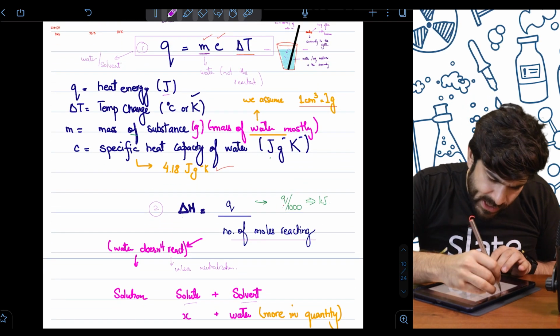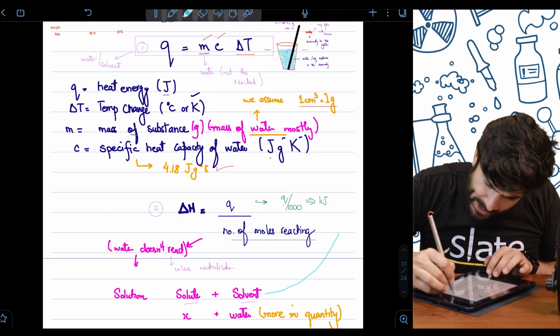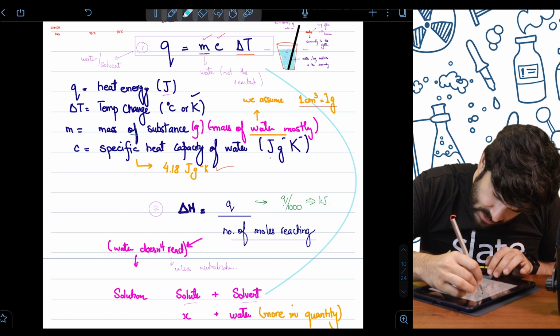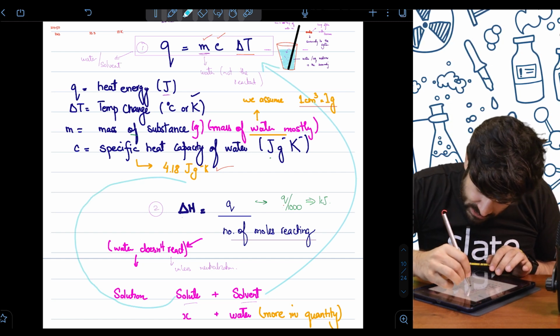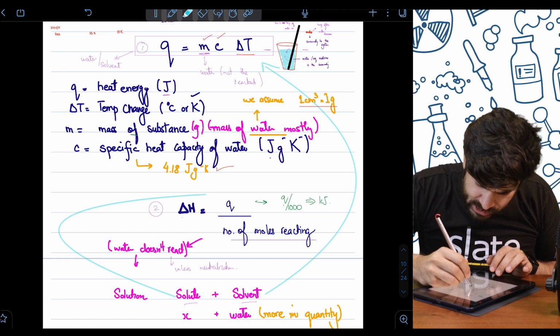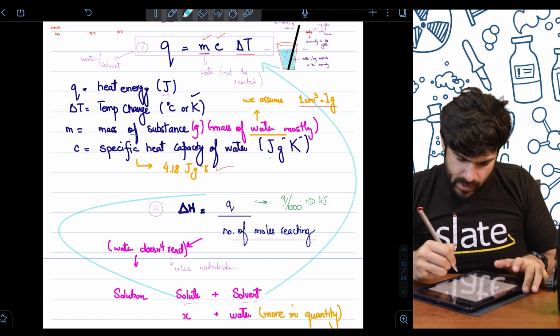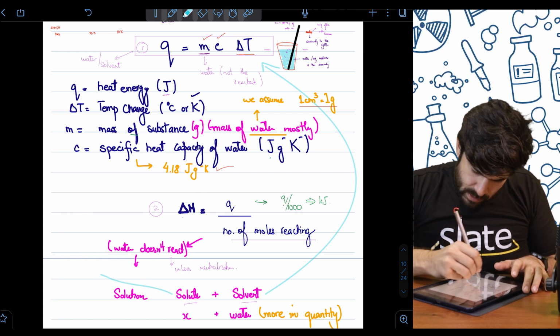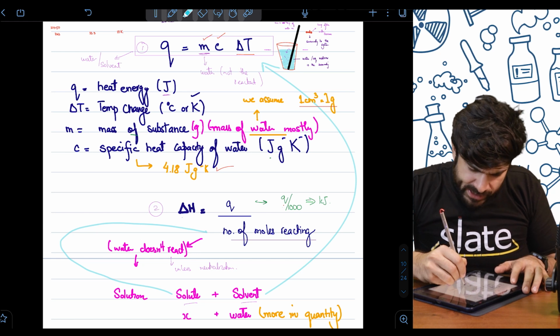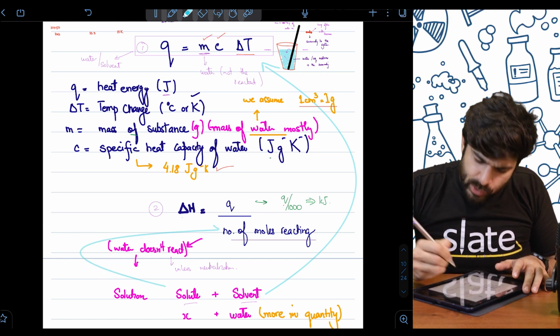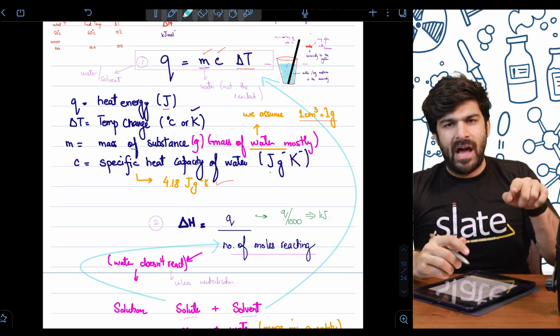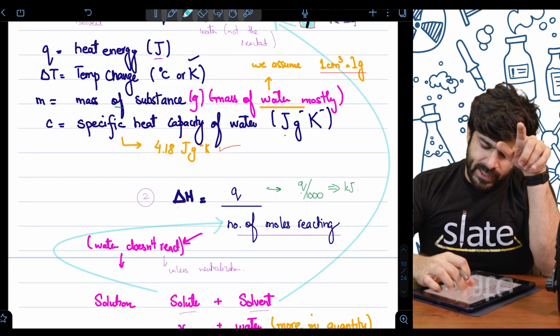Water is more in quantity. So the solvent has this calculation, while the solute has this calculation, the number of moles reacting. So the above value is for the solvent, water, and this is for the solute.